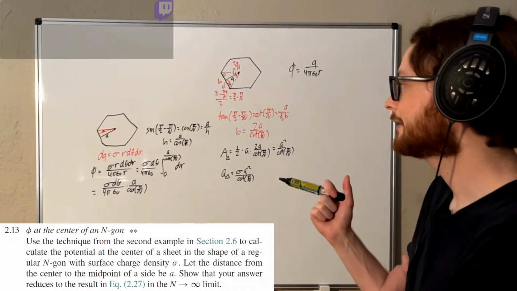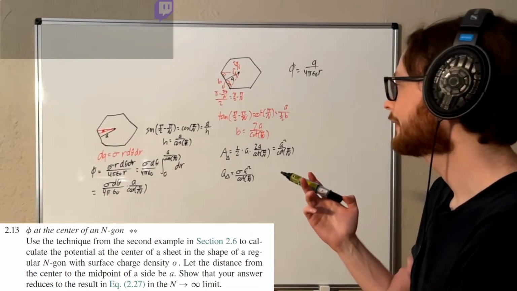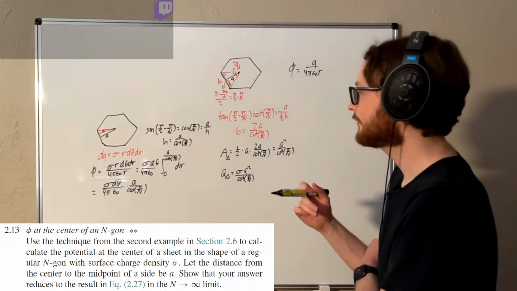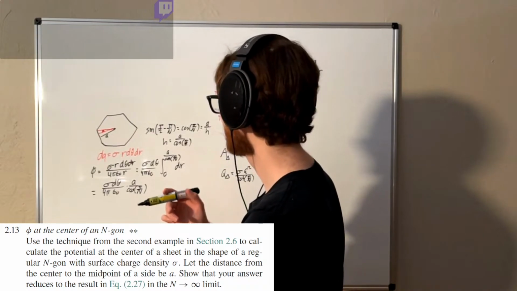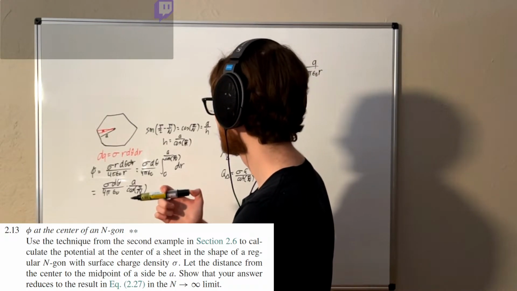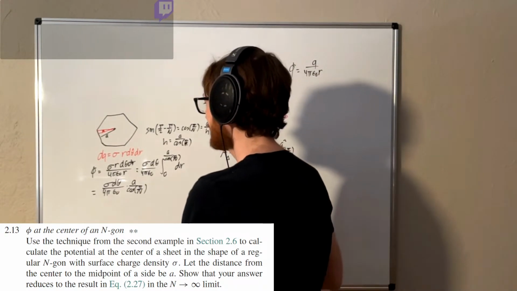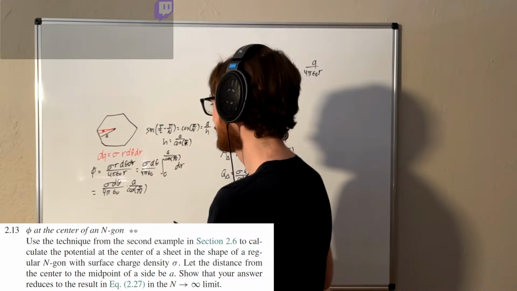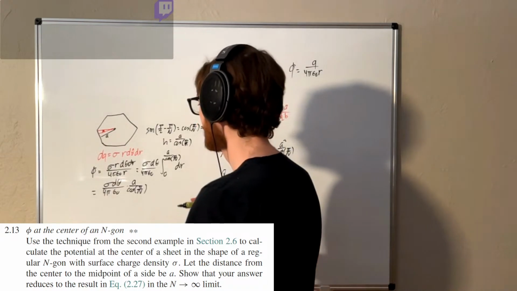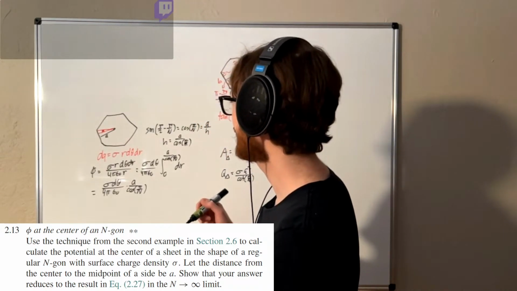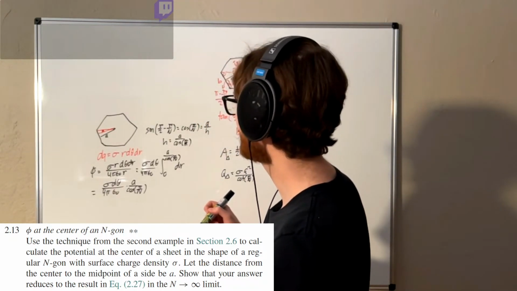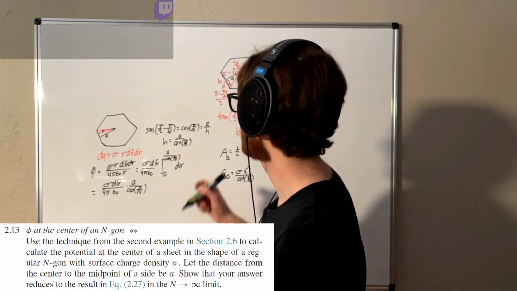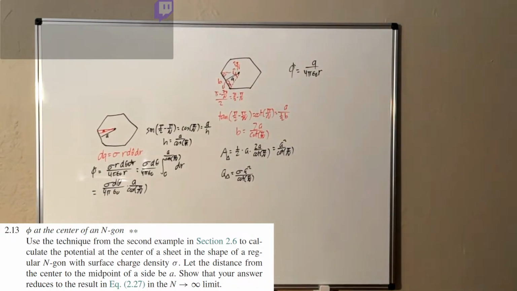Now theta. I think how we're going to deal with theta is we're going to use 2 pi over big N, I think.